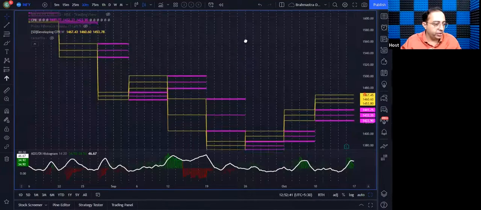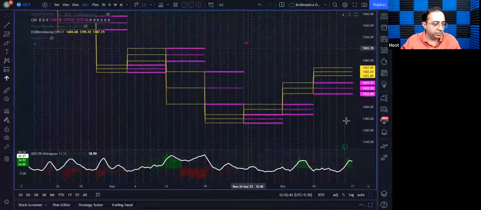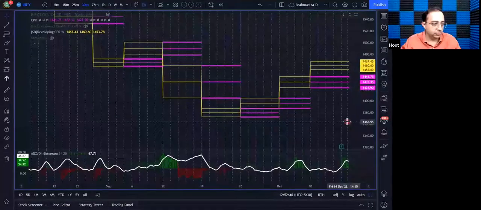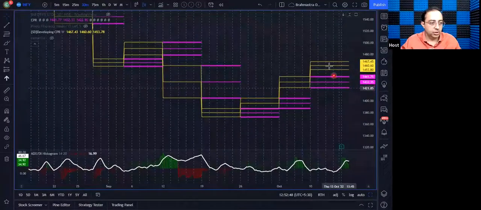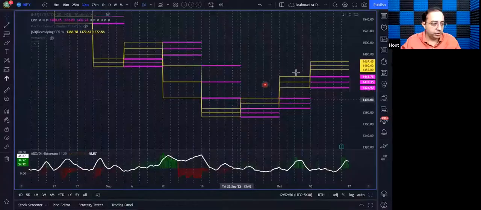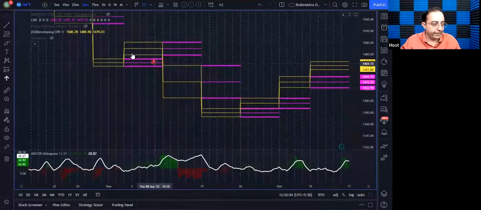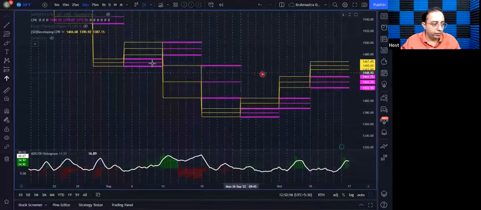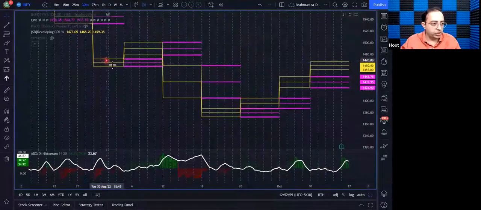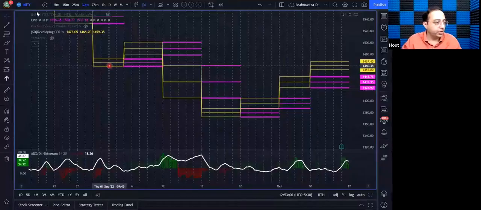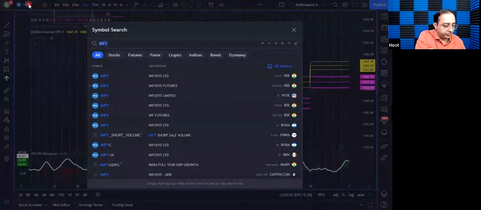Is Infosys the narrowest in the last 7 trading sessions? This and this look similar. 1, 2, 3, 4, 5, 6. This was narrower than everyone. Bandhan Bank.